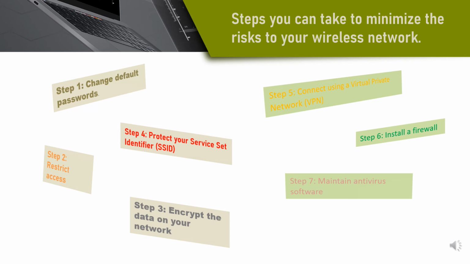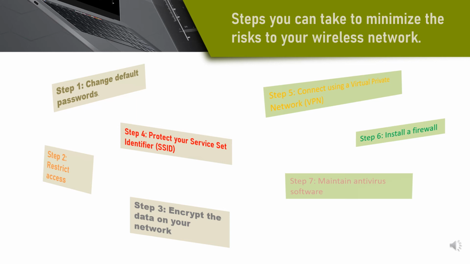Step 2. Restrict access. Only allow authorized users to access your network. Each piece of hardware connected to your network has a media access control, or MAC, address. You can restrict access to your network by filtering these MAC addresses.